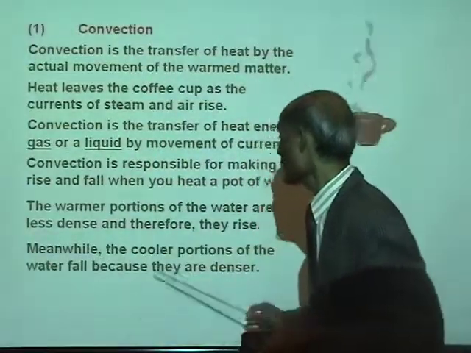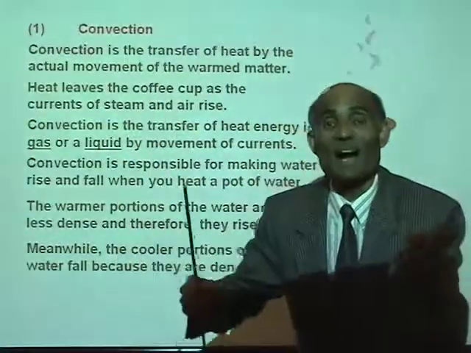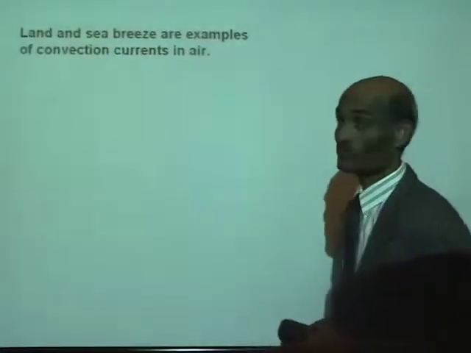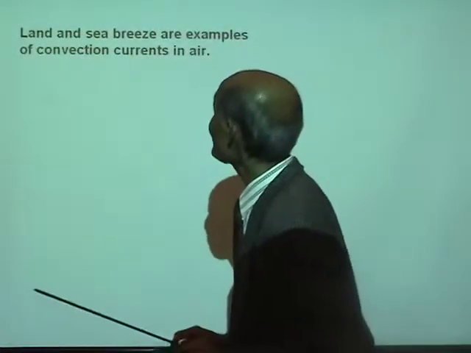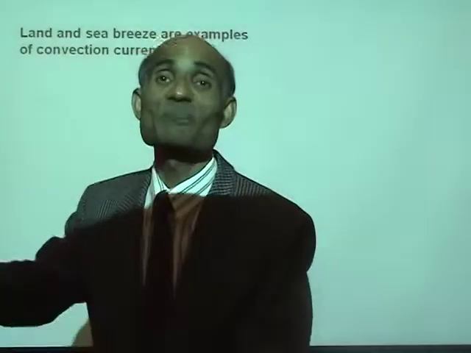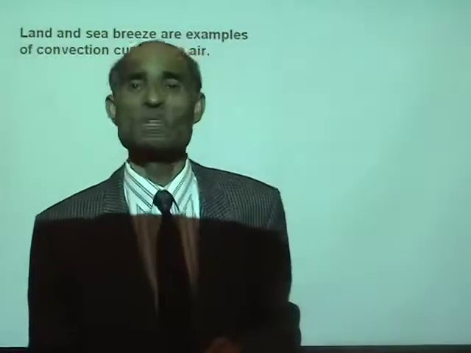Now, meanwhile, the cooler portions of the water will sink and come down to receive heat. Land and sea breeze are examples of convection currents that take place in the air. What are land and sea breeze?